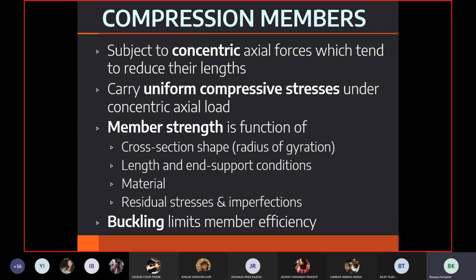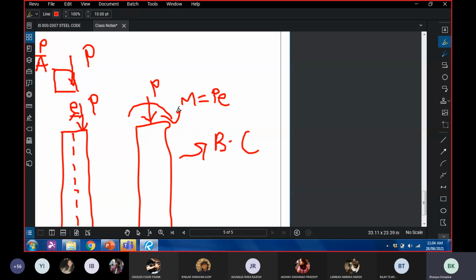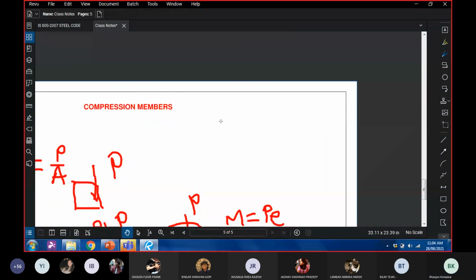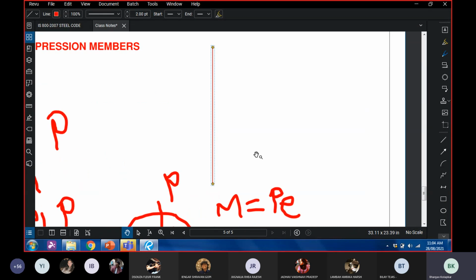Now, the vendor that is supplying you the member might say that, sir or madam, our column is perfectly straight, irrespective of which section you choose, I'm going to provide you an exactly straight column.